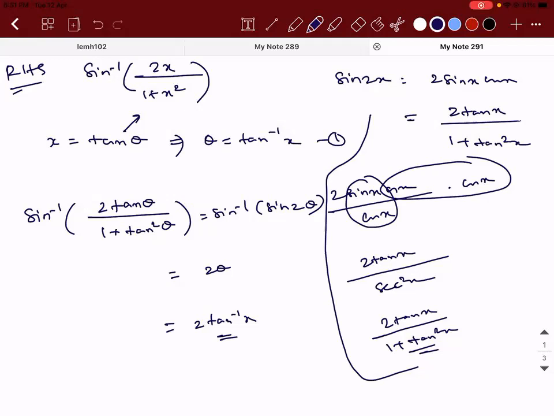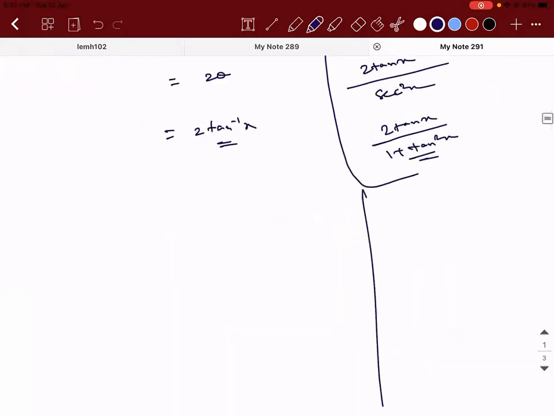Next one, what is it? 2 tan inverse x is equal to cos inverse of 1 minus x square divided by 1 plus x square. Is it not looking the format of cos 2 theta? What is cos 2 theta in terms of tan? 1 minus tan square theta by 1 plus tan square theta. How did I get it? Same logic. Cos 2 theta in the basic formula is cos square theta minus sin square theta. I want to write it in terms of tan.